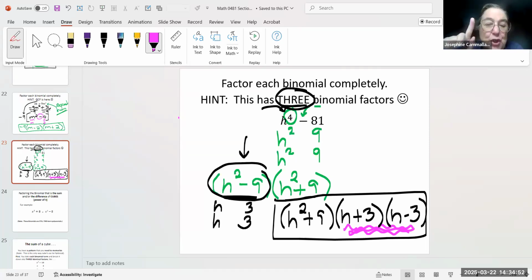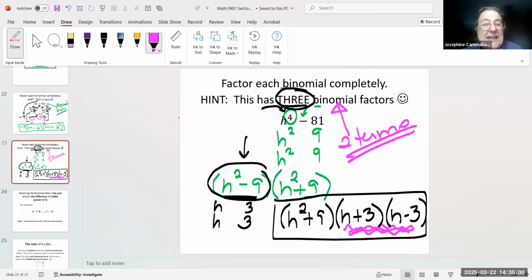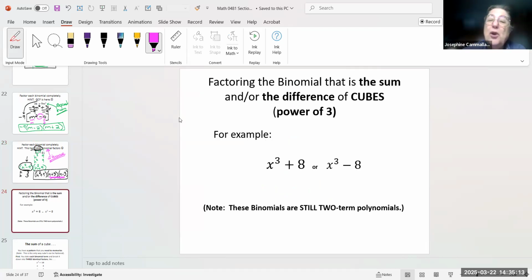Okay, now notice this is by 2 terms. This is 2 terms, and it has a minus sign in the middle. Now, the last part of 7-4 is the introduction to what we call cubes, the power of 3.